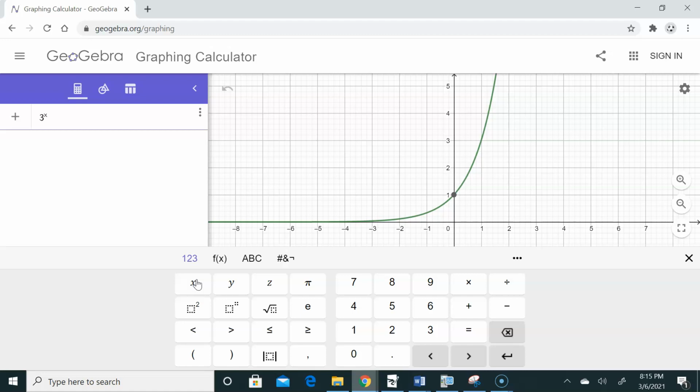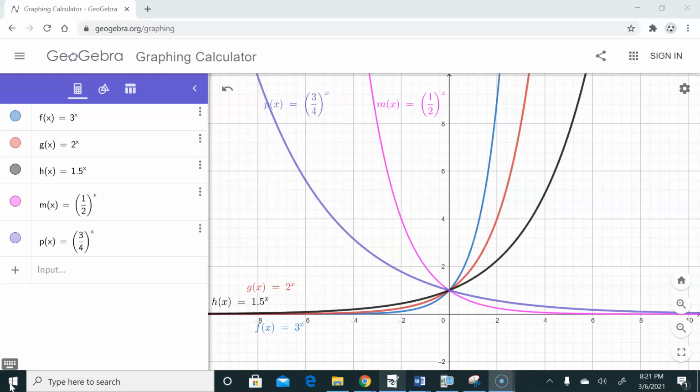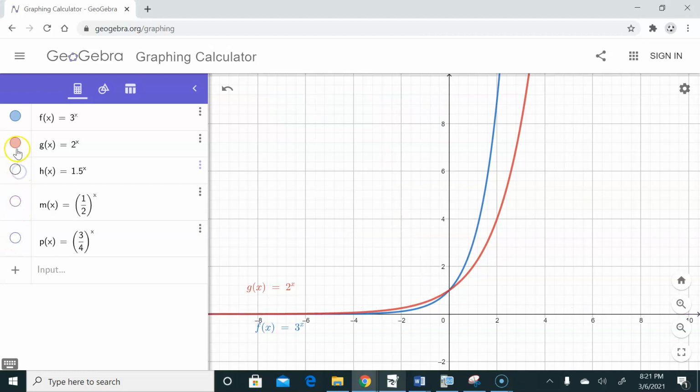So I'm going to put all 5 of them into the calculator, and look what happens when I hit equal. Right now it even says f of x. So there's the first one. I'm going to put the other 4 in. So you see I put all 5 of these on the one grid, and what I really like about GeoGebra, I can play with the colors, I can play with the thickness of the lines, I can put the labels on here, but I also could turn off graphs if I want by hitting these little circles.